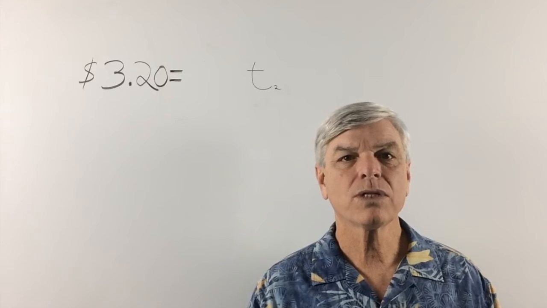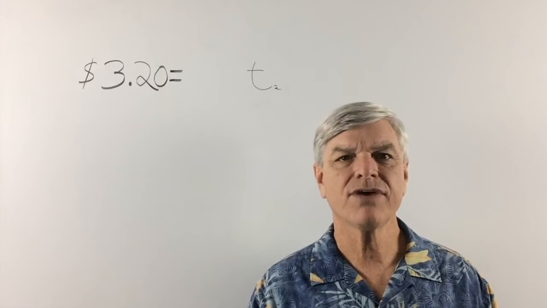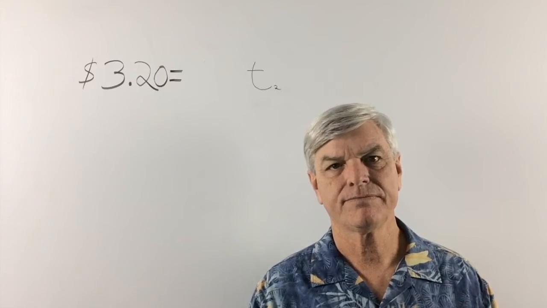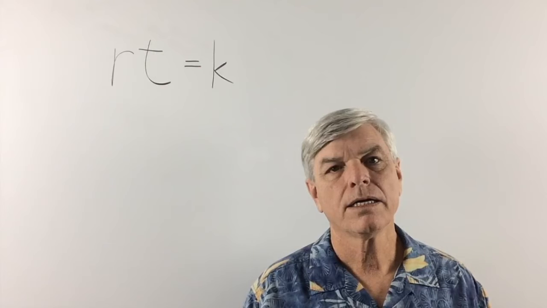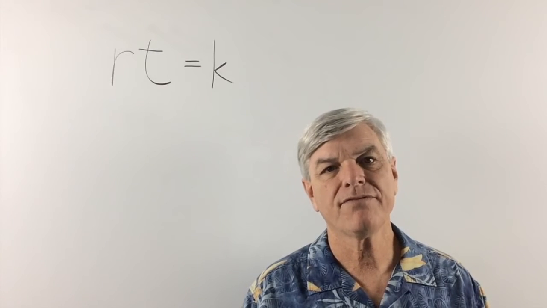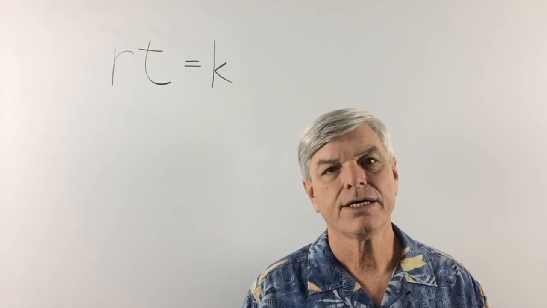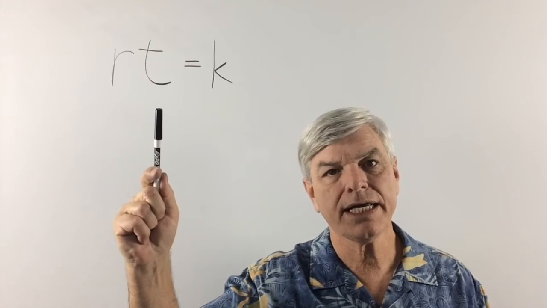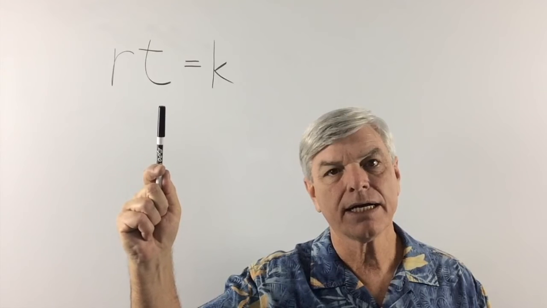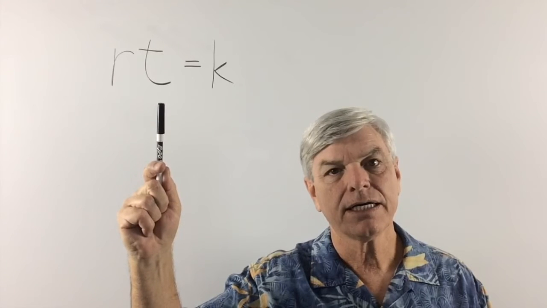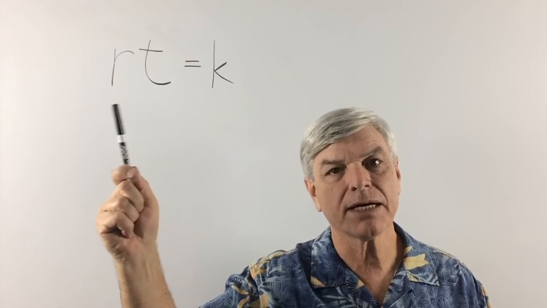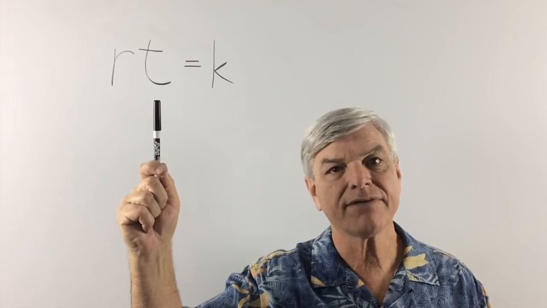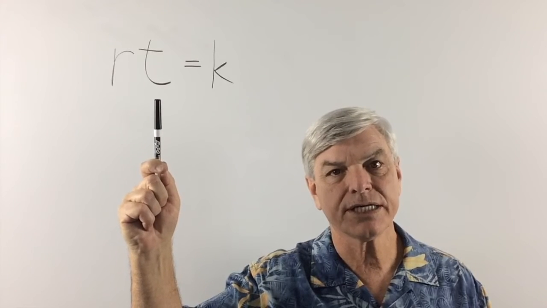And so let's see what happens when things vary inversely. Okay, now we have a problem that varies inversely. When you have two variables, R and T, that are multiplied by each other, not divided by each other, but multiplied by each other, we're going to have an inverse relationship.